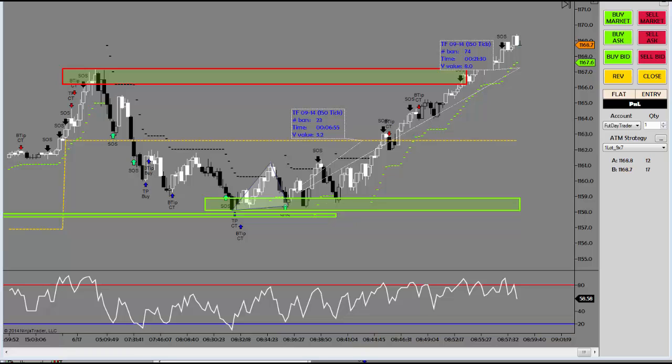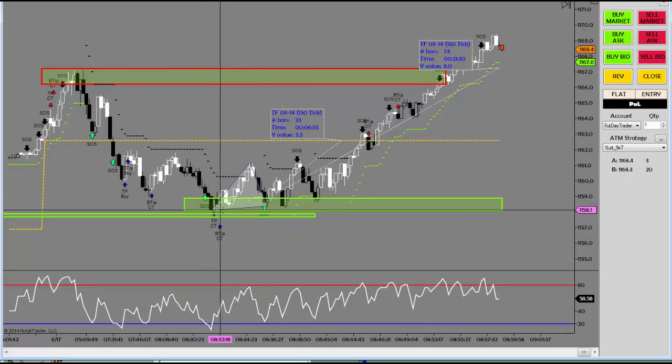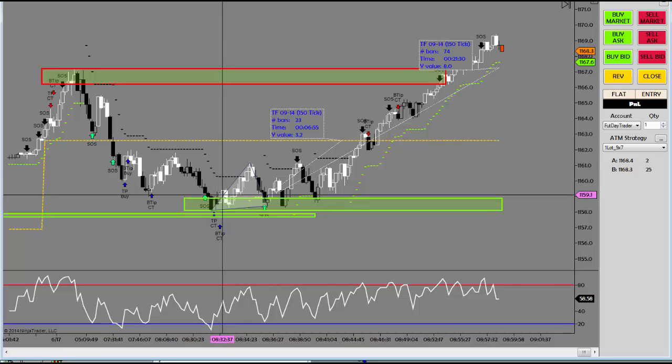Okay, so again, those of you on trial, be sure that you watch the training videos. It'll walk through this. But basically this is oversold. This is the left side, SOS1. Turning point, SOS2. Black tip, SOS3. There's the color rotation. If I'm aggressive, I'm a buyer.